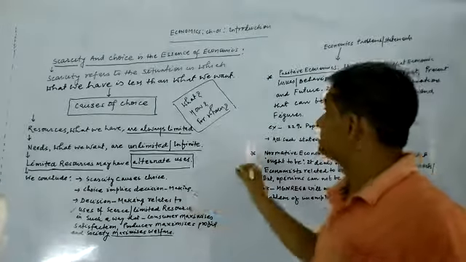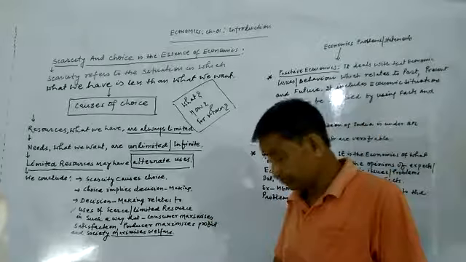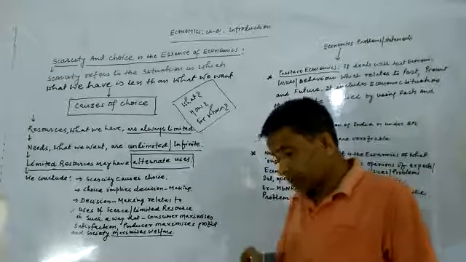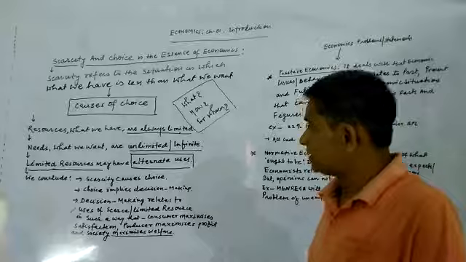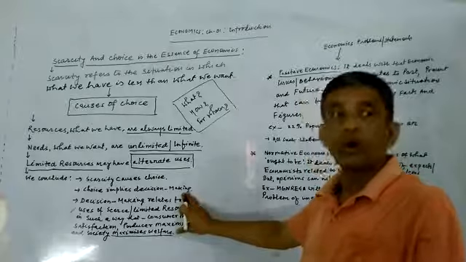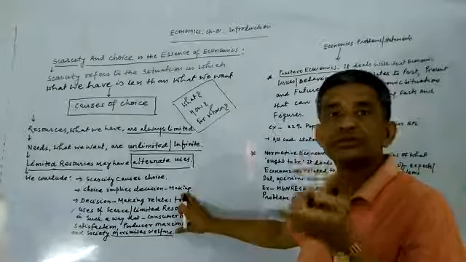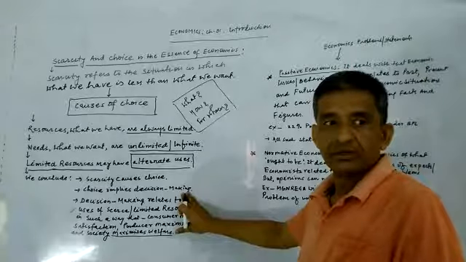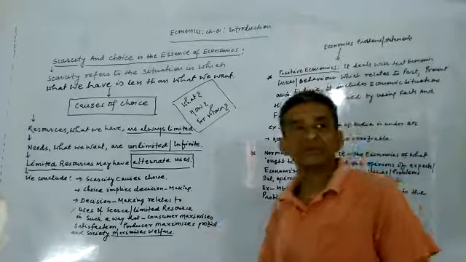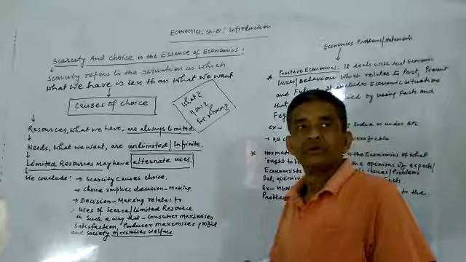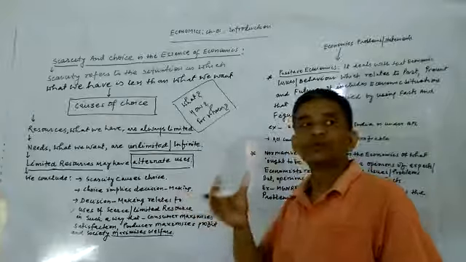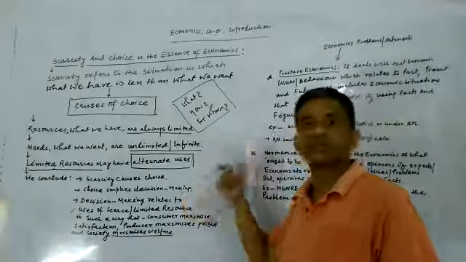Just beyond this topic, I would like to tell you that if you are learning decision making to optimize the use of limited resources, then decision making is related to a particular system about which we will study in future.